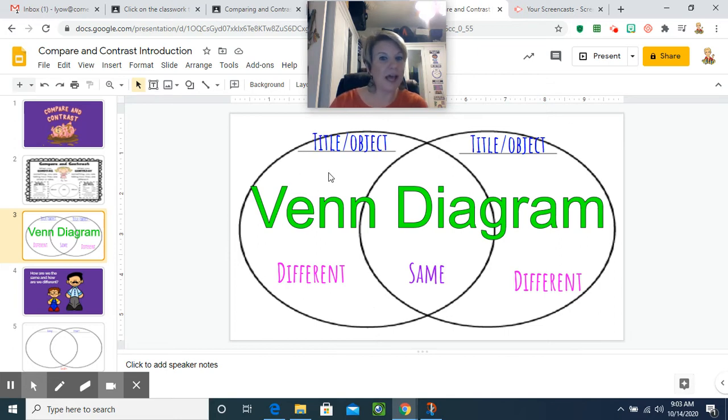So I have to put it in this outside area of this circle. Let's say the second object has something different about it that's not the same as the first object. For that, I would put it in my second circle.